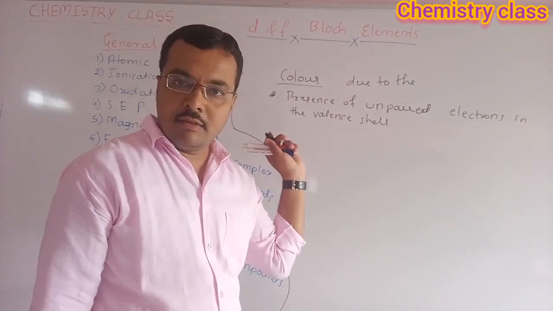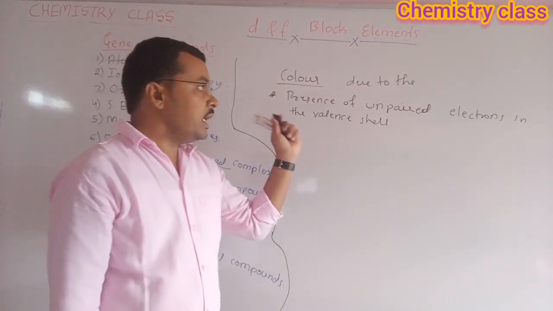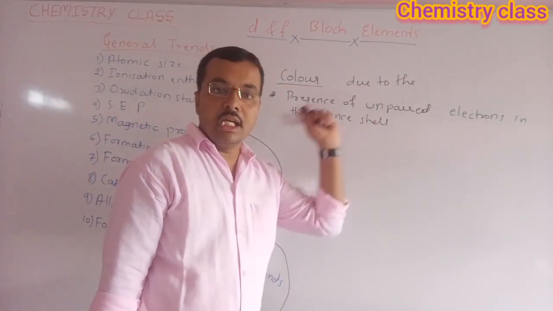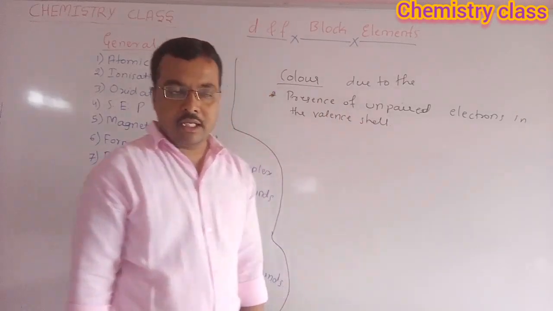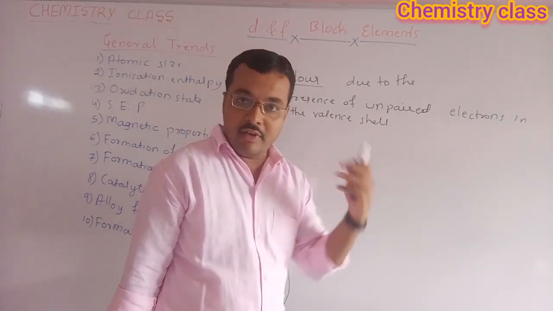Valence shell is nothing but the outermost shell of the D atomic orbital. In the outermost shell, unpaired electrons are present. Due to the presence of these unpaired electrons, these D block elements will exhibit different colors.